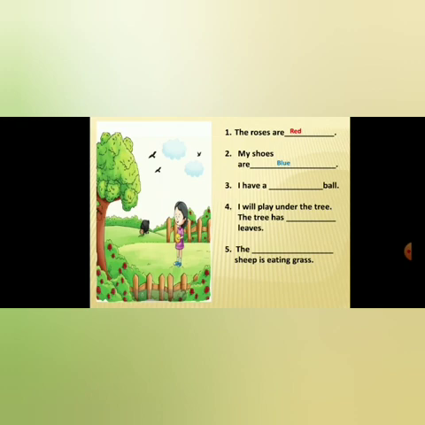That is yellow. Fourth, the tree has dash leaves. What is the color of the leaves? Green. So we will write green. The dash sheep is eating grass. Now what is the color of the sheep? Black. So we will write black.